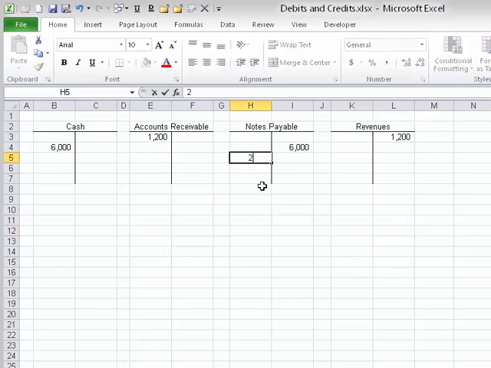So I'm going to debit notes payable for $2,000. But in order to pay it back, I had to actually give them the cash. Cash will decrease by $2,000. Okay, I'll format that for you. And you can see that I'm in balance.